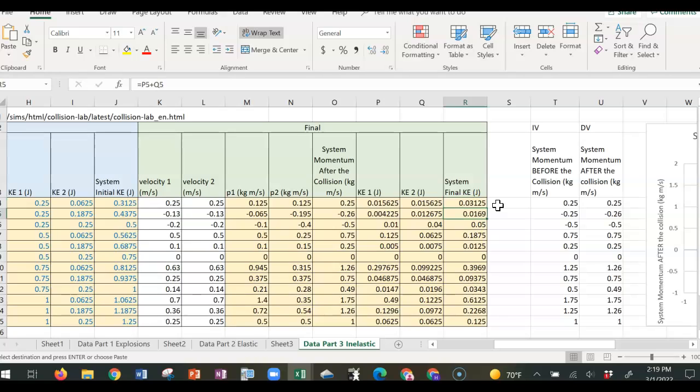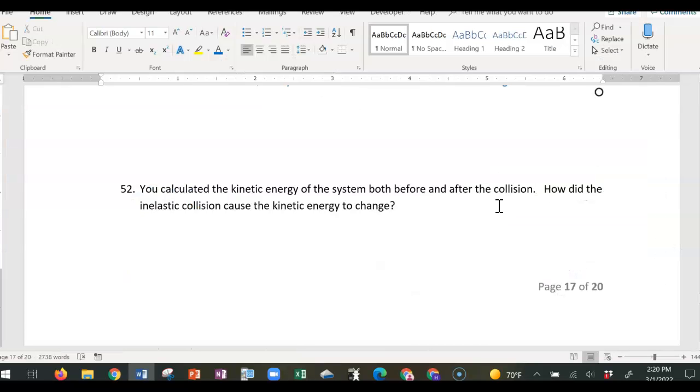That's in the first row. 0.4375 before the collision, and only 0.0169 after. In every case, as I look through these rows, the final kinetic energy after the collision is smaller, much smaller really, than the kinetic energy before the collision. So during the inelastic collisions, kinetic energy is not conserved. It is not the same.